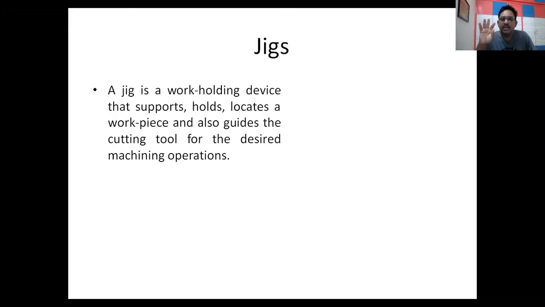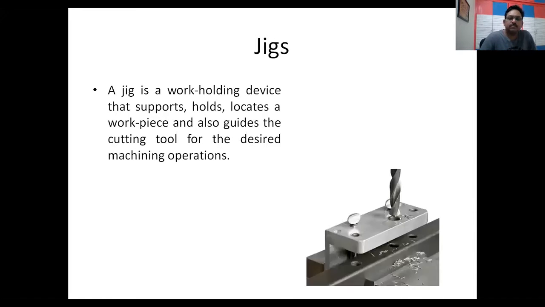One, it will support the workpiece; it holds the workpiece and locates the workpiece in the correct position; and also it will guide the tool for the machining operations. This is a jig: a work holding device that supports, holds, locates a workpiece, and also guides the cutting tool for the desired machining operations.